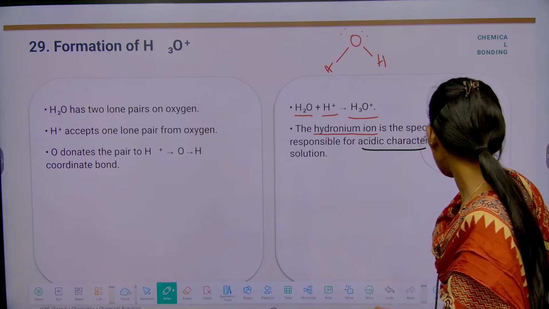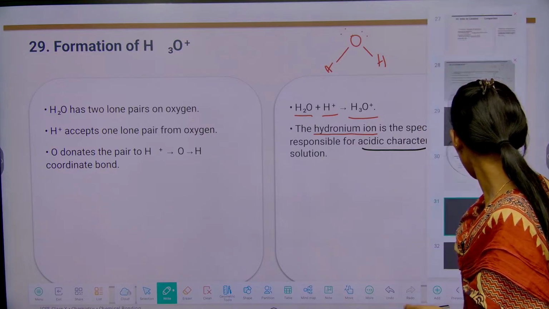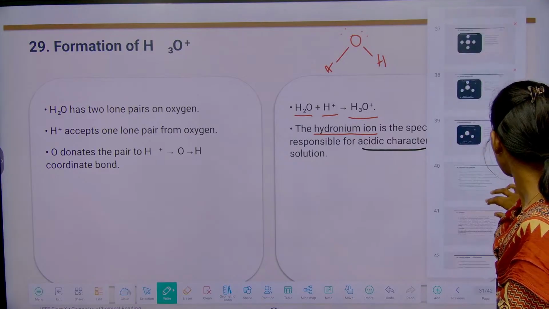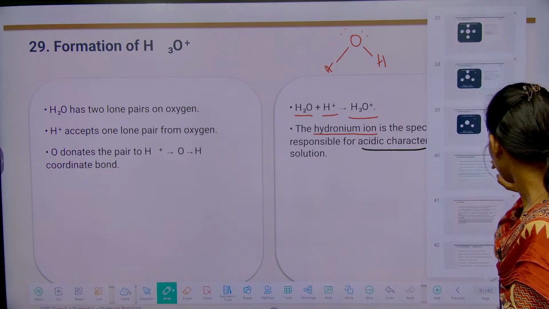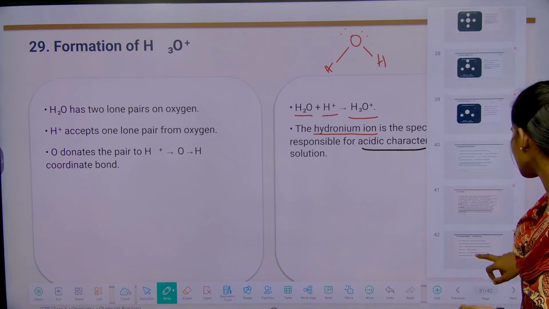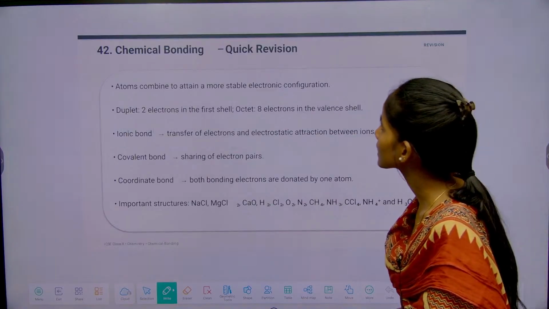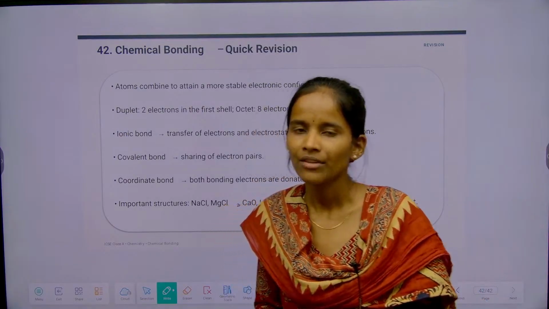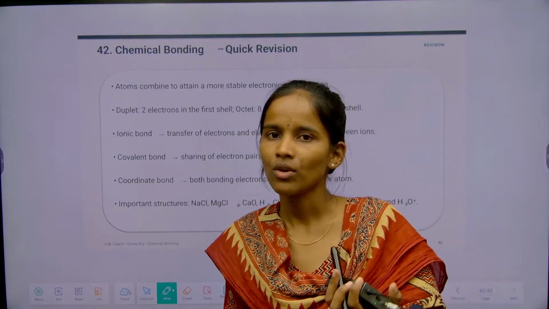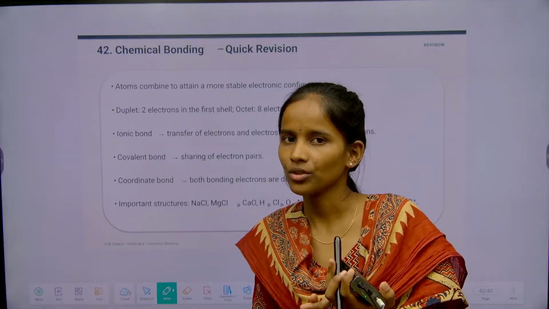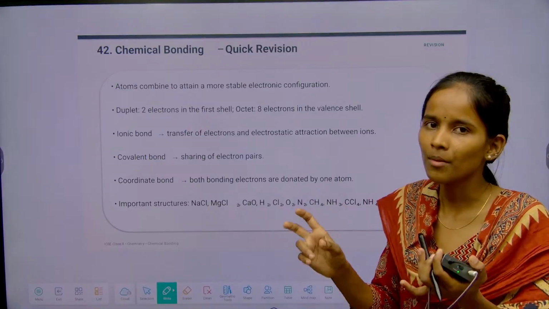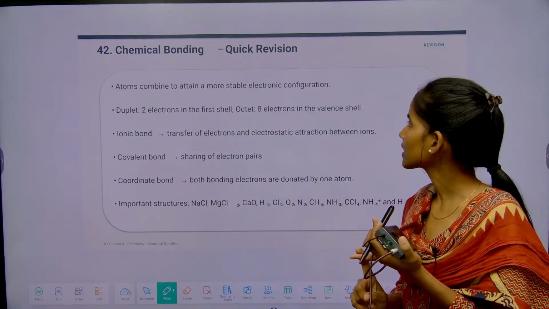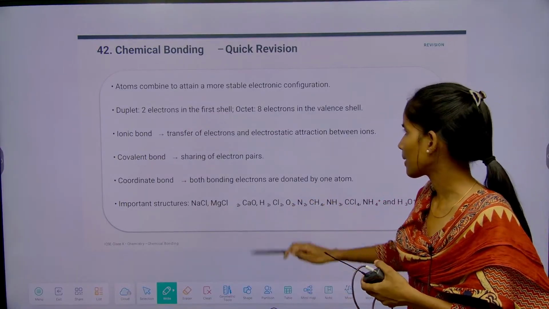So this is all about today's class. Whatever we have discussed, we will do a quick revision. First, we discussed why an atom should combine with another atom, why a chemical bond should be formed between 2 atoms, the formation of a chemical bond.